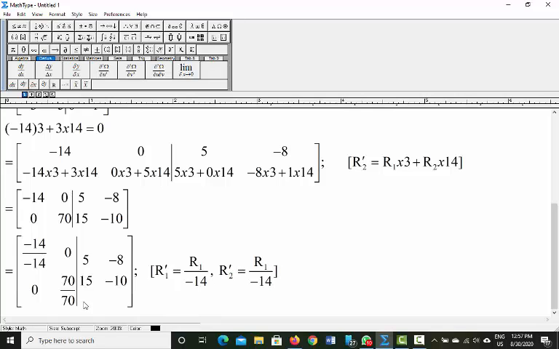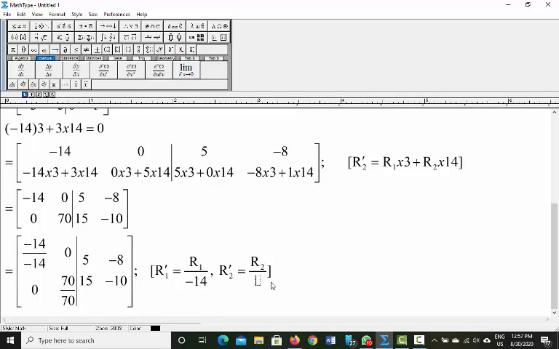Row prime 2, that means row 2 is changing now. So we are dividing elements of row 2 by 70, and we will get a new row 2 here. Whatever element we have in row 2, we will divide it by 70.